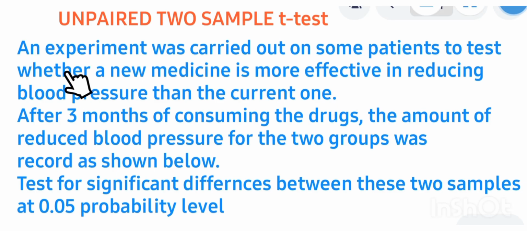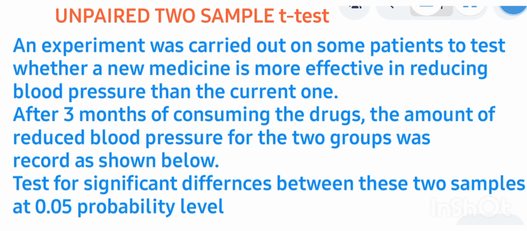The question says, an experiment was carried out on some patients to test whether a new medicine is more effective in reducing blood pressure than the current one. After 3 months of consuming the drugs, the amount of reduced blood pressure for the two groups was recorded and shown below.